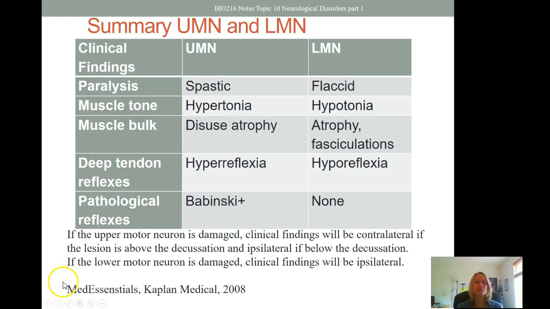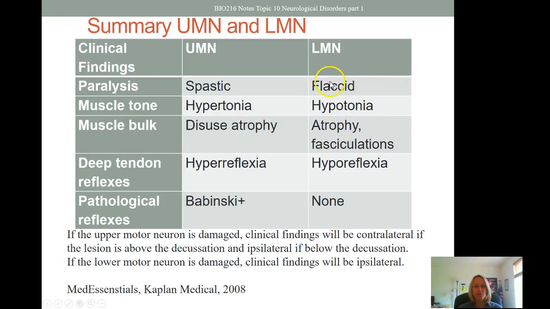Okay, so let's compare and contrast upper motor neuron lesion with lower motor neuron lesion. Paralysis would be spastic if it's upper, flaccid if it's lower. Muscle tone, hypertonia with upper, hypotonia with lower. Muscle bulk, we would get disuse atrophy because the lower motor neuron's not being stimulated from the upper motor neuron.